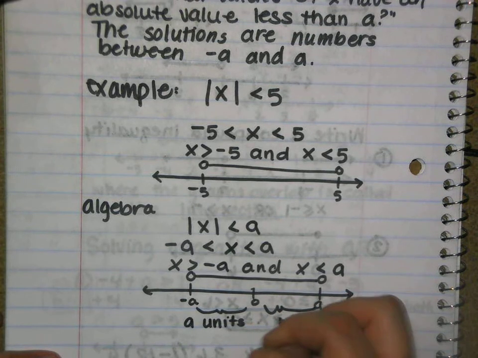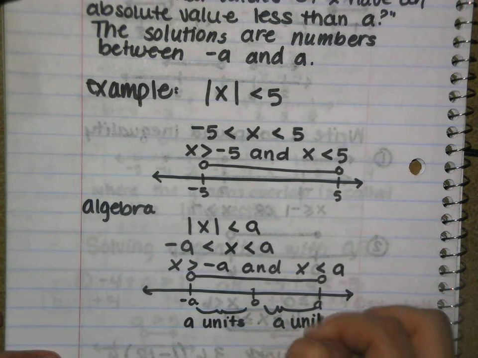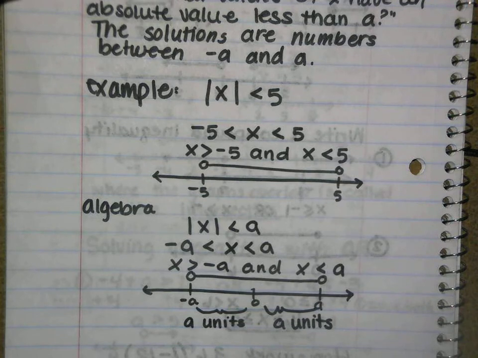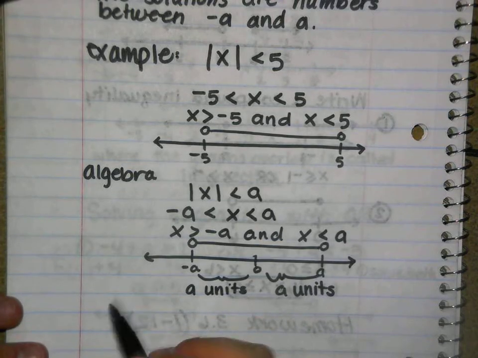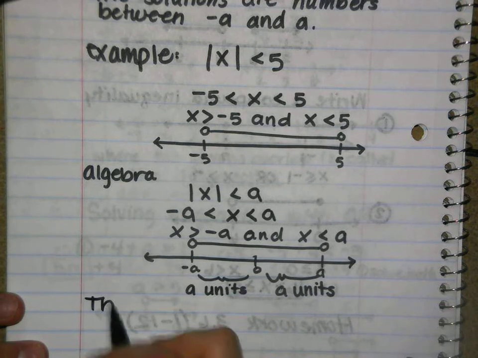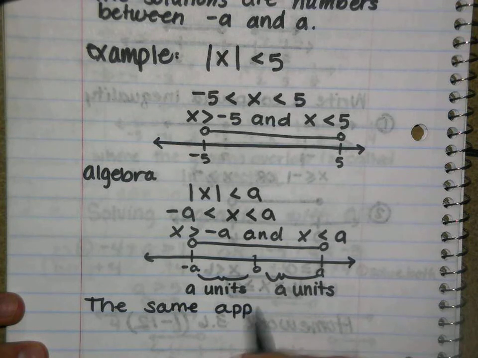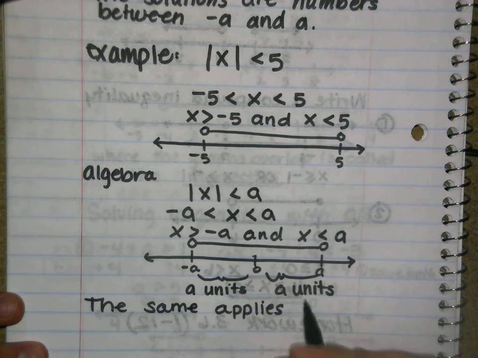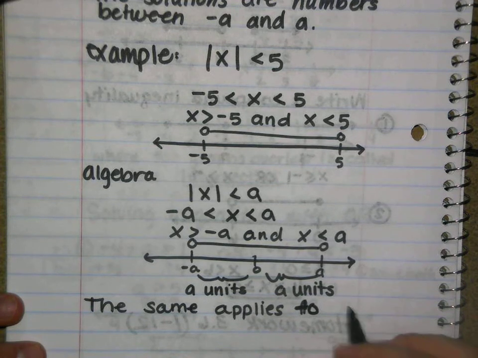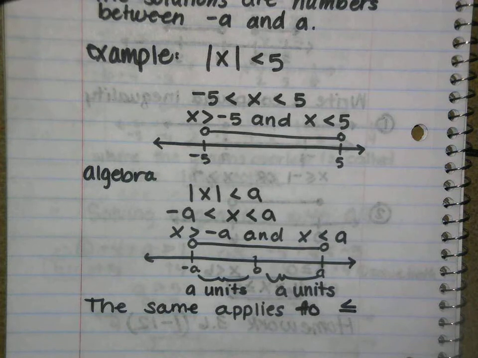Okay? And the same properties apply to less than or equal to. So let's make sure that you know that this is, let's put it right here on the side, less than and less than or equal to.